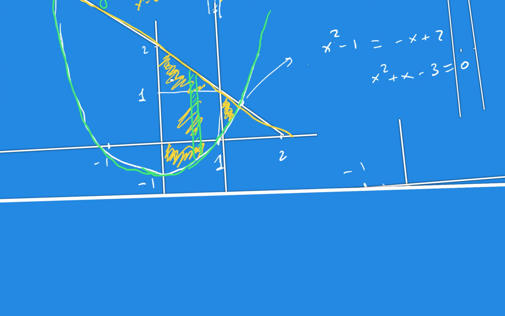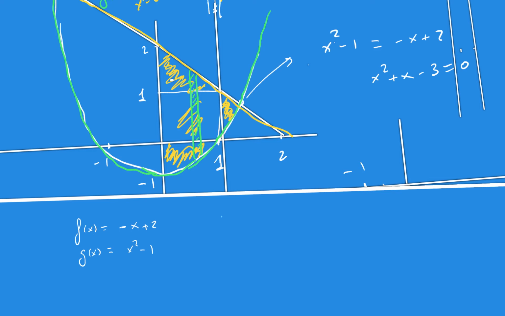Okay, now let's go to do the problem. The function f of x, the upper function, is the function minus x plus 2, slope minus 1. And the function g of x is the function x squared minus 1.